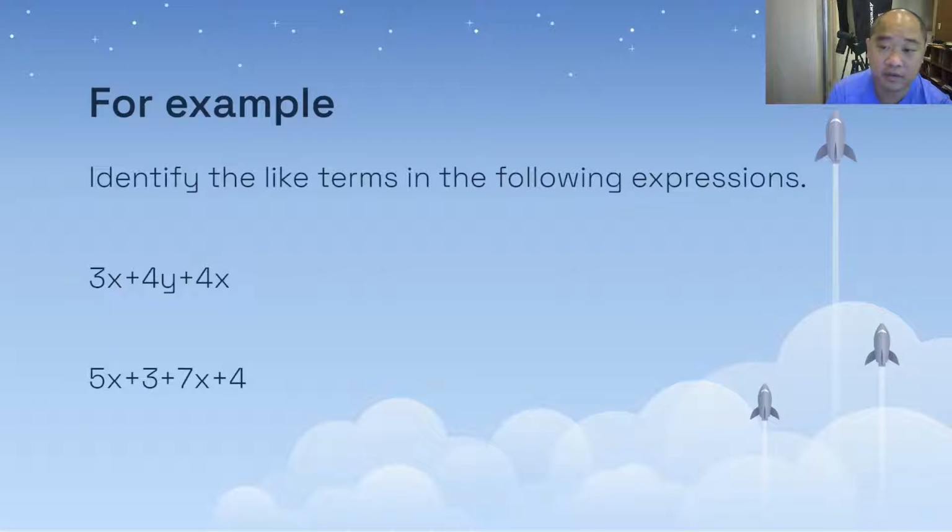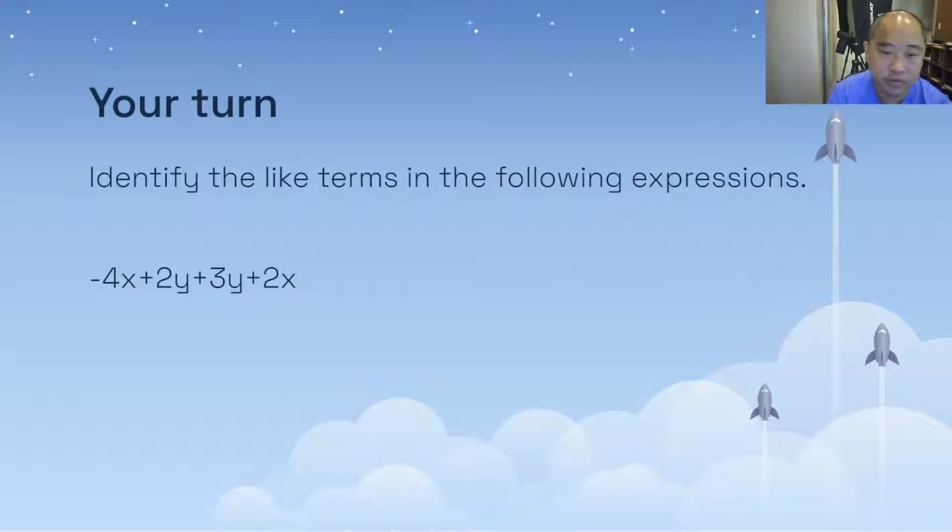So we're going to identify the like terms in the following expression. I'm going to color coordinate this to make it a little bit easier. 3x and 4x are like terms, and those are the only like terms. 5x and 7y are not like terms, and 3 and 4 are like terms.